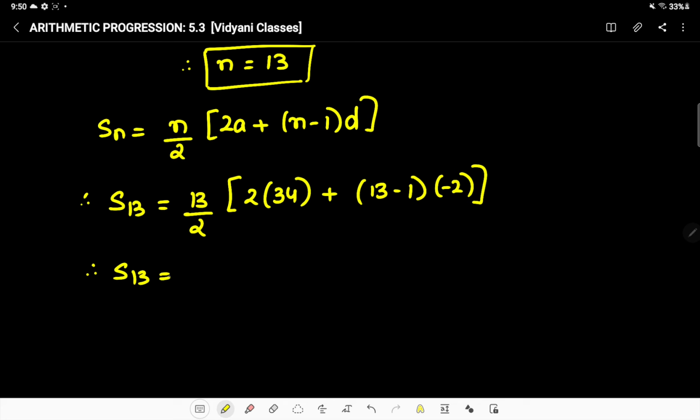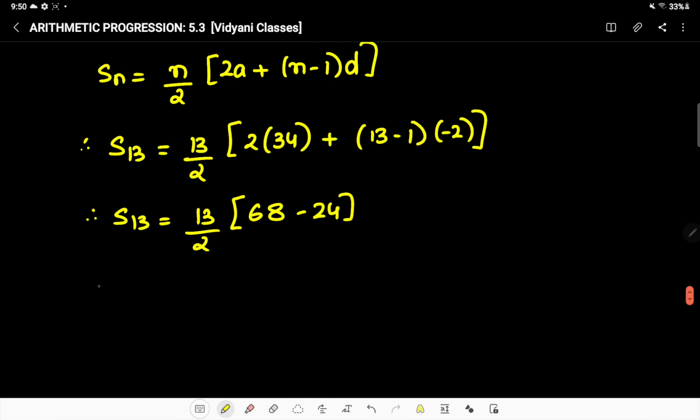Therefore S13 equals 13 by 2, this is 68, and 13 minus 1 is 12, 12 into minus 2 is minus 24. Therefore S13 equals 13 by 2 into 44.